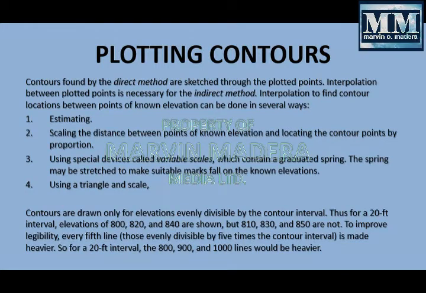Contours are drawn only on the elevations evenly divisible by the contour interval. Thus, for the 20-foot interval, elevations of 800, 820, and 840 are shown, but 810, 830, and 850 are not. To improve legibility, every fifth line is made heavier, so that for the 20-foot interval the 800, 900, and 1000 lines would be heavier.